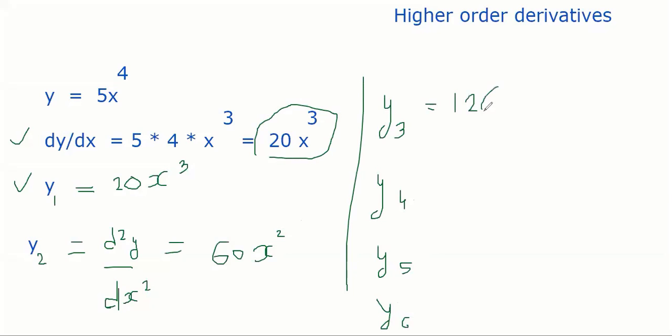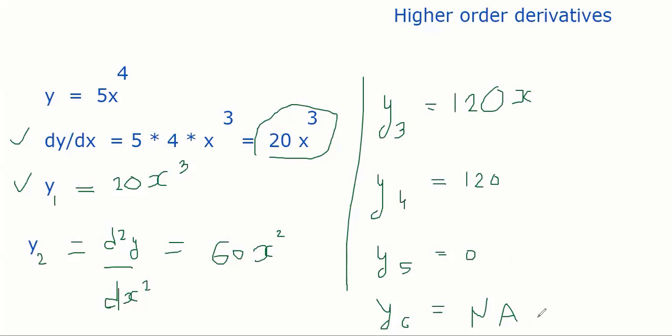Again you differentiate, so y4 is 120. What is y5? 0, constant. What is y6? 0 again, or you can also say it doesn't exist actually. So that's it.